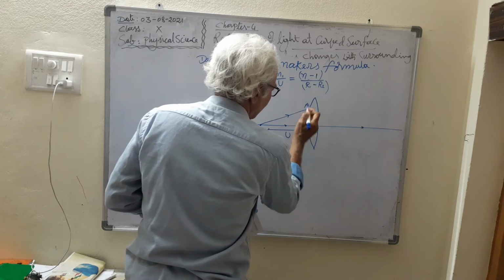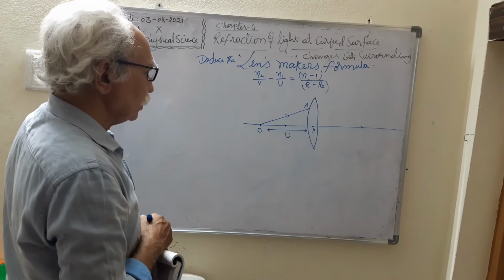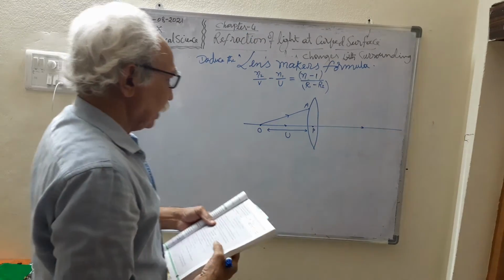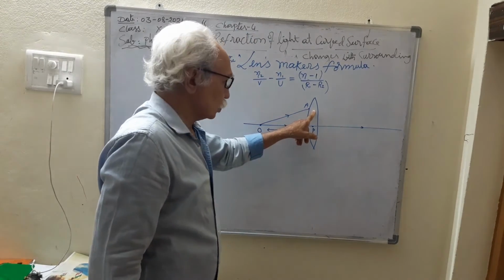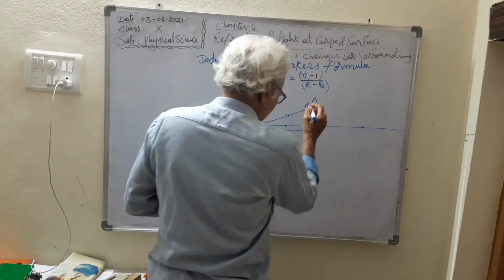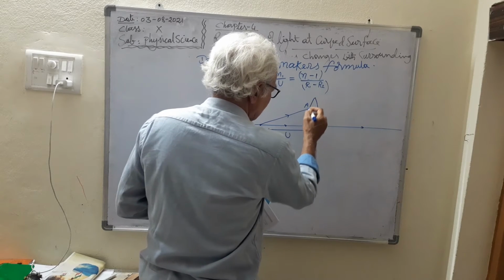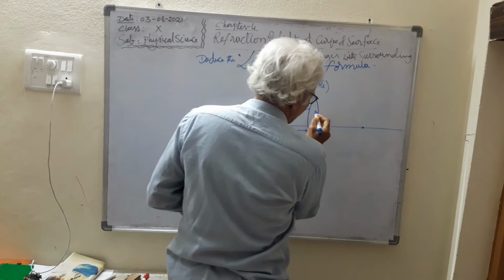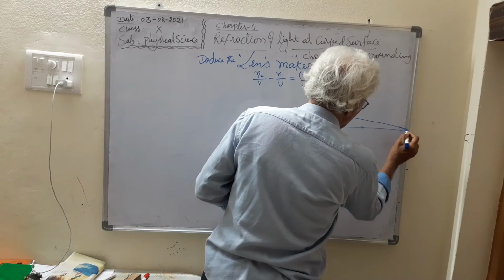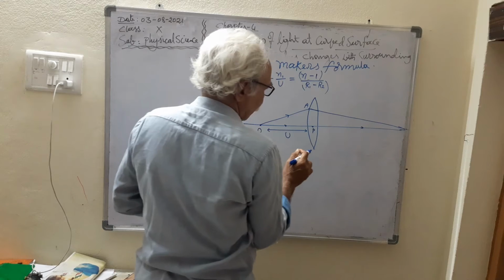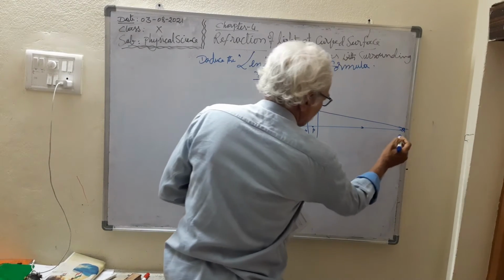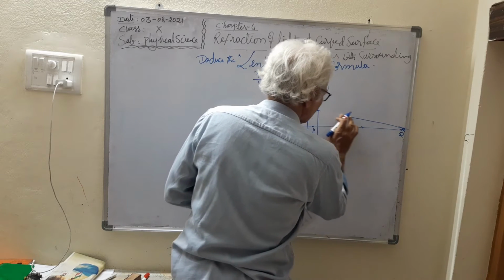It enters the convex surface into a denser medium, so the light ray refracts. If only the surface A were present, the refracted ray would travel like this, and the image would be formed at Q, the expected image.